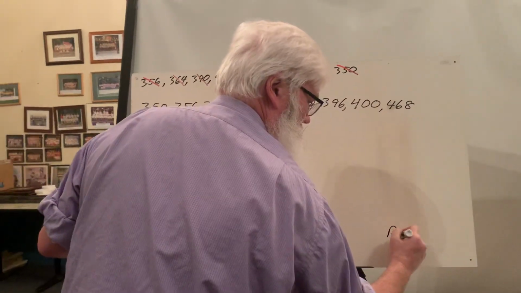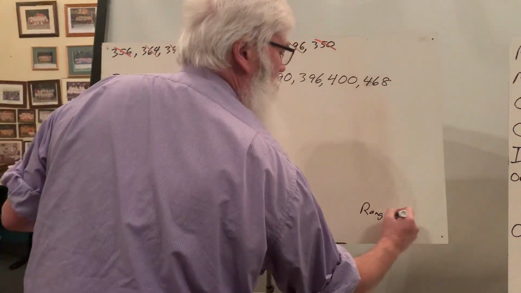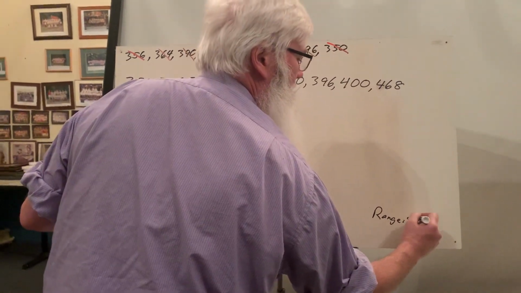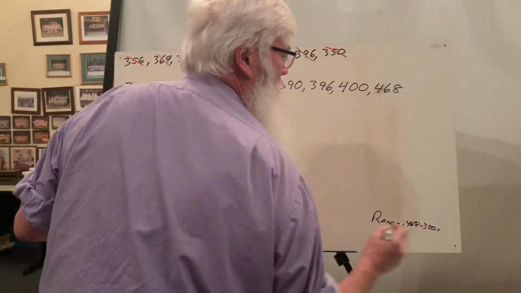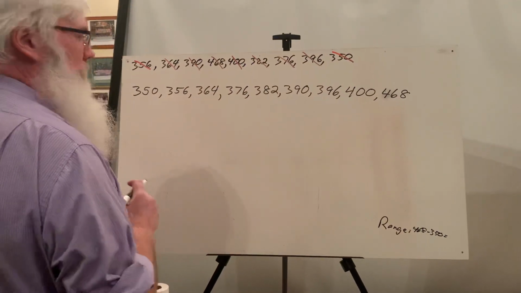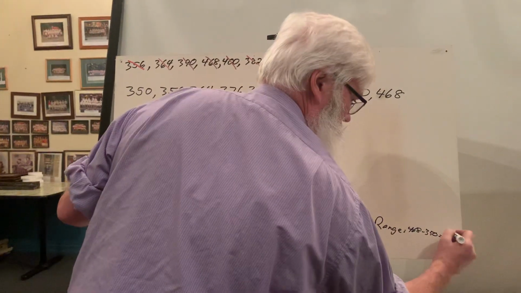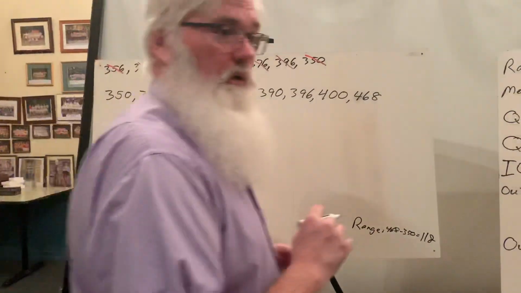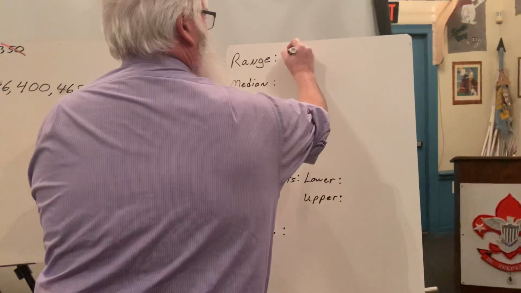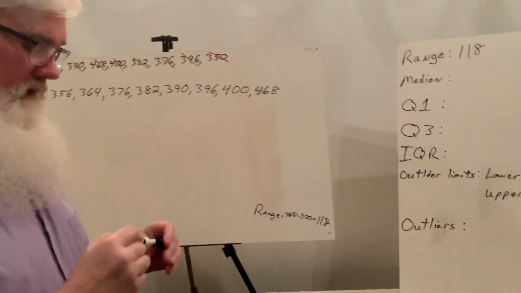So our range is 468 minus 350. And when we subtract those, we get a range of 118. Now I'm going to write that over here on this board so that I have it set aside.